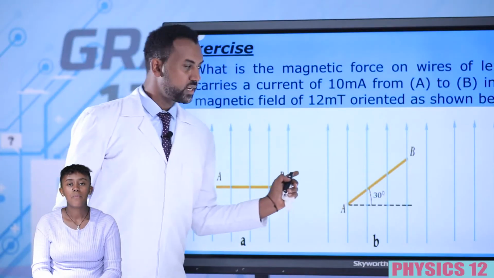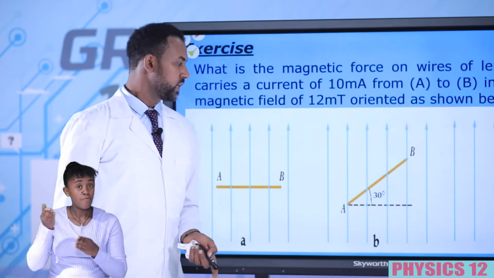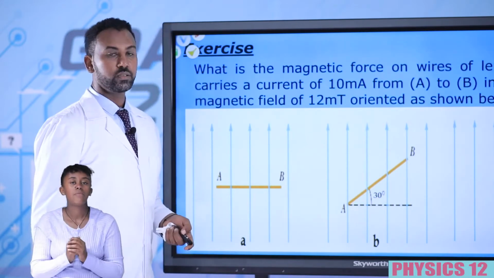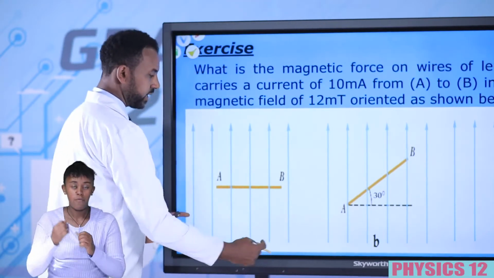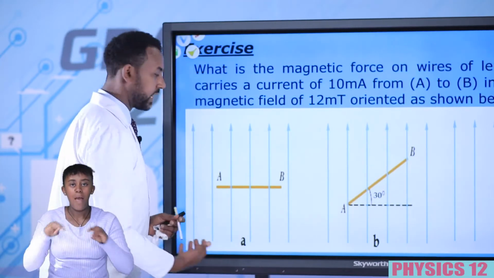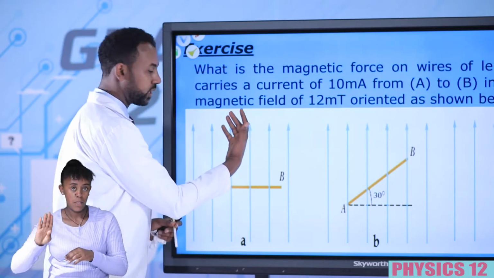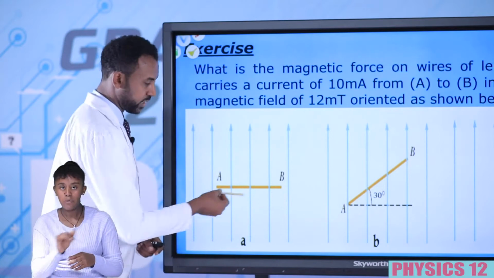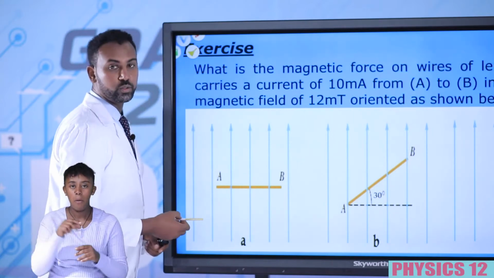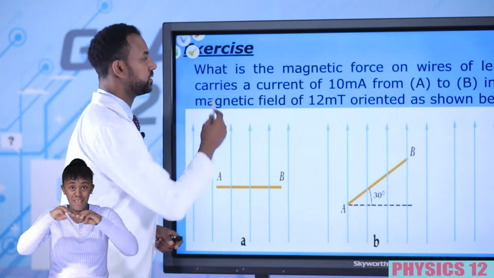At last I gave you this problem to find the magnetic force exerted on these wires. For example, in the case of A, there is a magnetic field which is acting upward, and the wire is oriented perpendicular to the magnetic field.